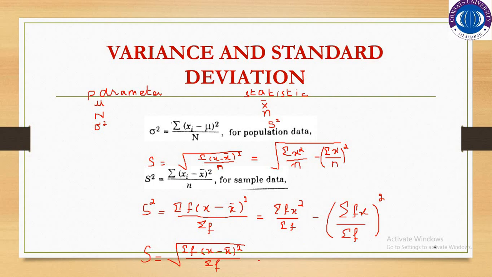And you can write the standard deviation in this way also: under the root summation f of x square over summation f minus summation f of x over summation f, whole square.